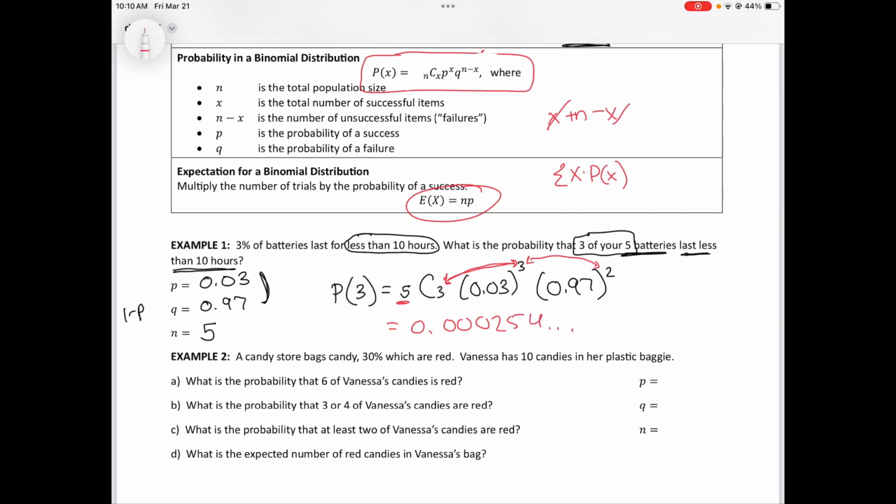So very, very little probability that 3 of the 5 will last for less than 10 hours, which makes sense because it's only 3% of the batteries. So if we round, the probability that 3 batteries last less than 10 hours is about 0.02.